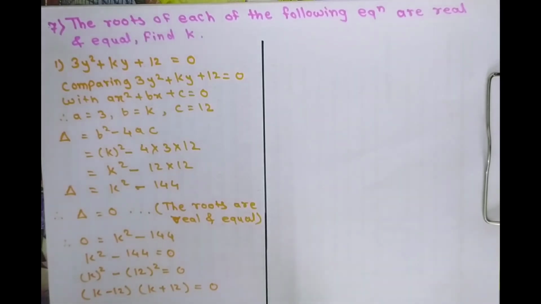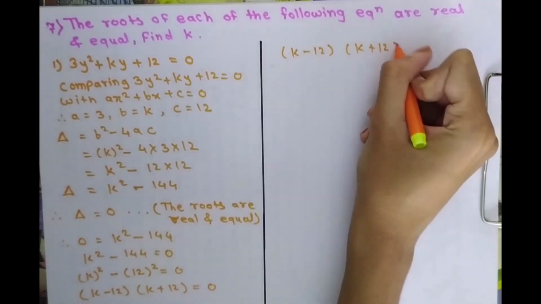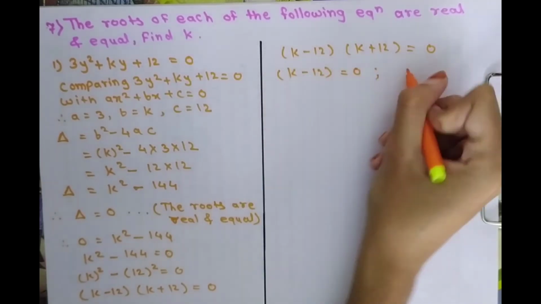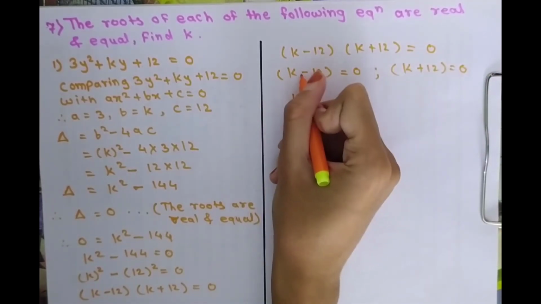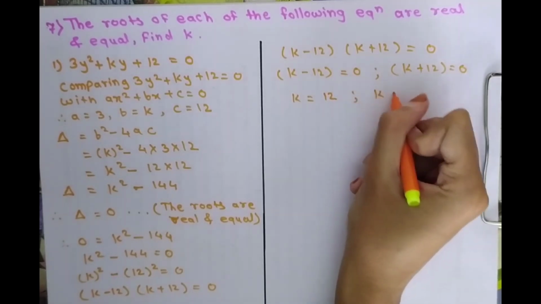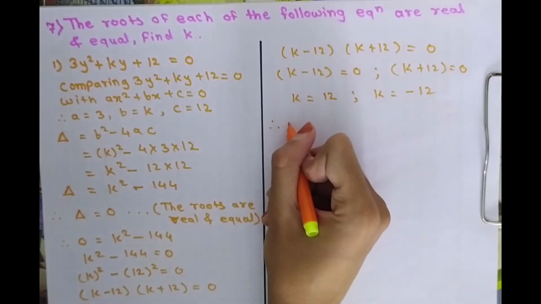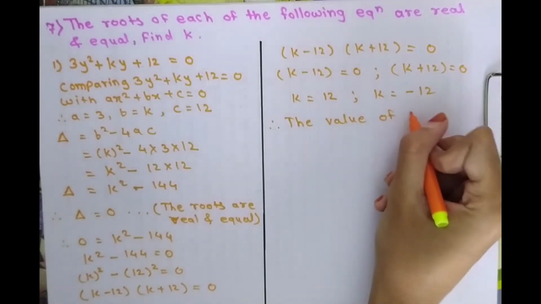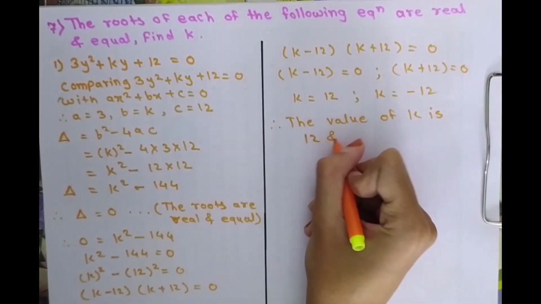Therefore, k minus 12 is equal to 0 and k plus 12 is equal to 0. So k is equal to 12 and k is equal to minus 12. Therefore, the value of k is 12 and minus 12.